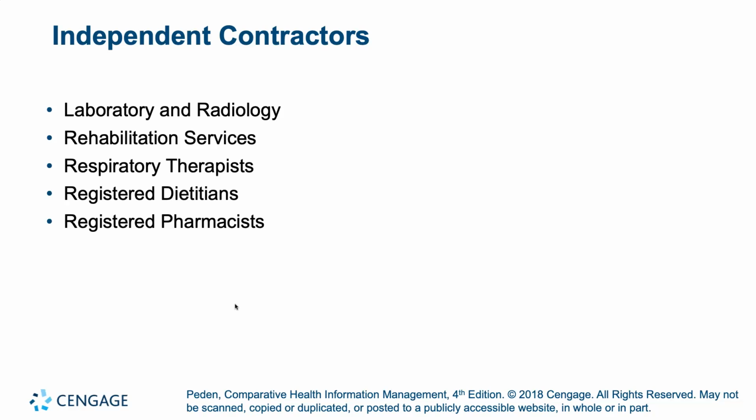And those can be contracted, or for instance, in one of the organizations I worked at, I was director of medical records, and one of my responsibilities was all of our long-term care facilities. And also we had a retirement community that had cottages, independent living apartments, and then they also had skilled nursing facility units.